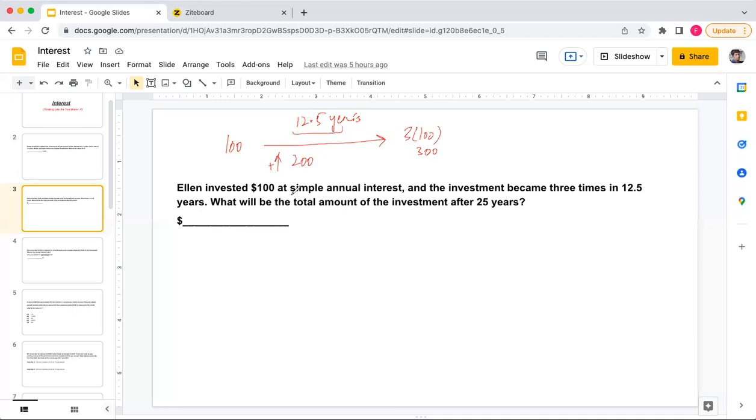Remember, this is simple interest, and simple interest is the same between any consecutive time periods, whether you consider months, days, years or quarters. In 12.5 years there is an increase of 200, so in the next 12.5 years there is again an increase of 200. So in total that is 25 years. Starting investment of 100 in 25 years will become how much? $500.